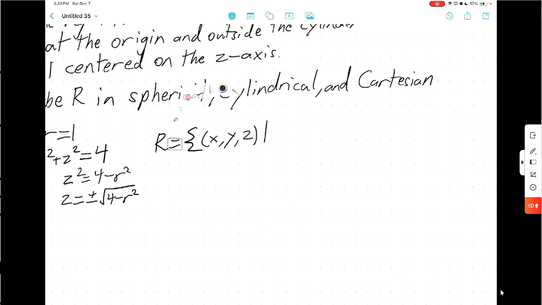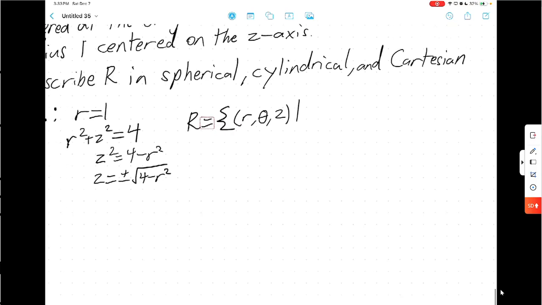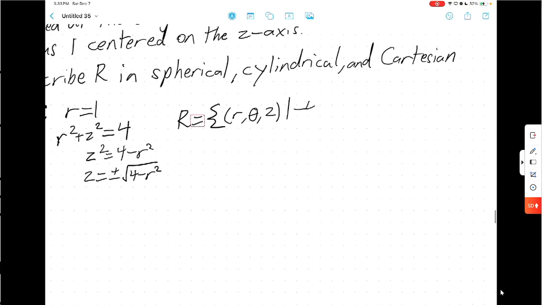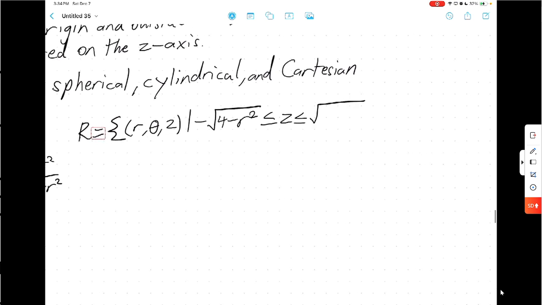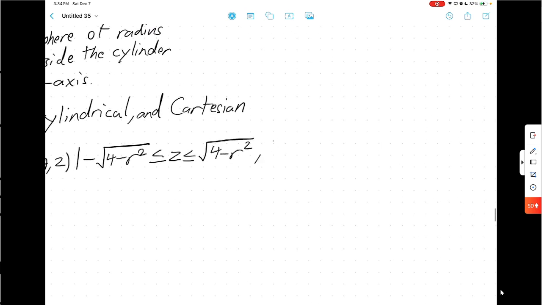The points r, theta, z such that we have the following: negative the square root of 4 minus r squared is less than or equal to z is less than or equal to the square root of 4 minus r squared. r goes from 1 to 2.